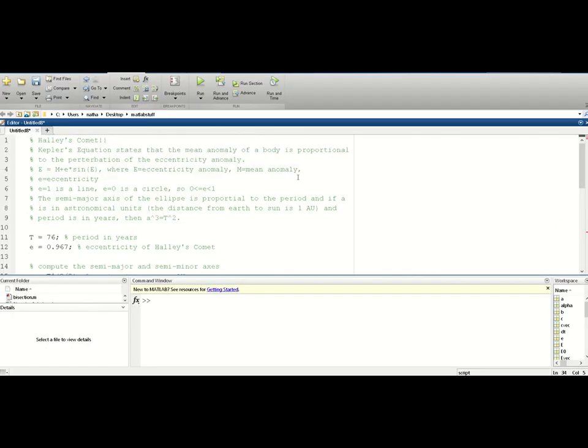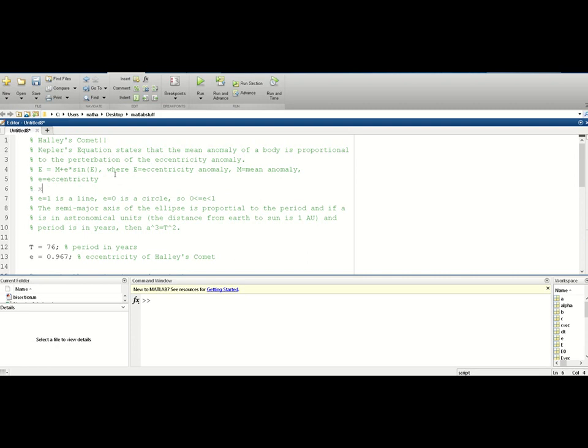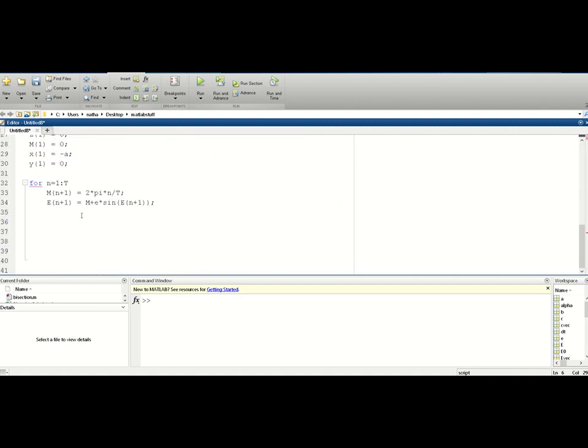So we'll put it up here with Kepler's equation. So then x equals a times the cosine of E minus little e, right? And y equals b times the sine of E. And that's what we're going to do here, okay?